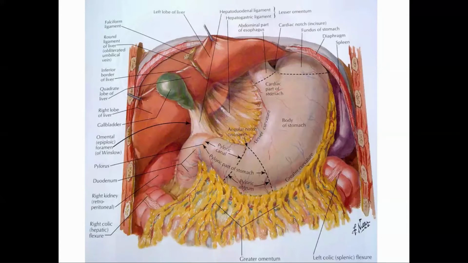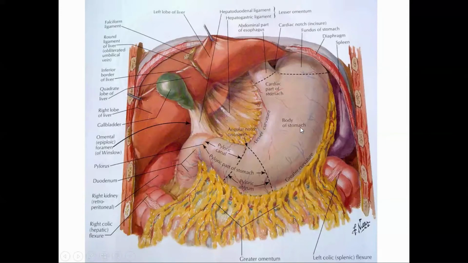The lesser omentum connects the stomach with the liver, whereas the greater omentum connects the stomach with the transverse mesocolon.